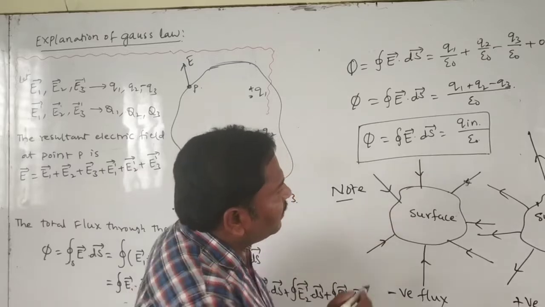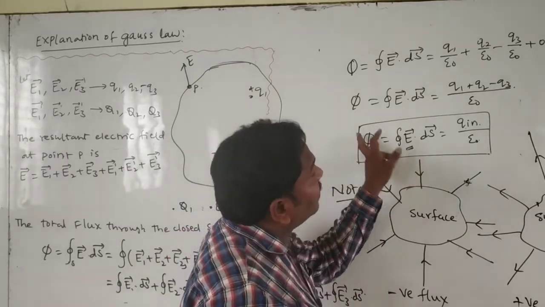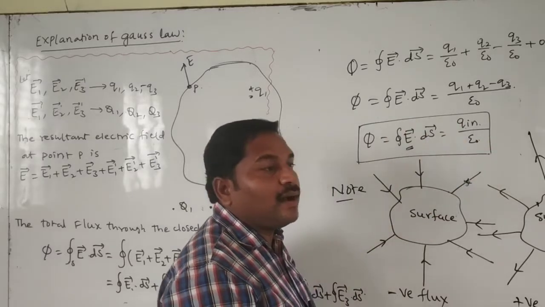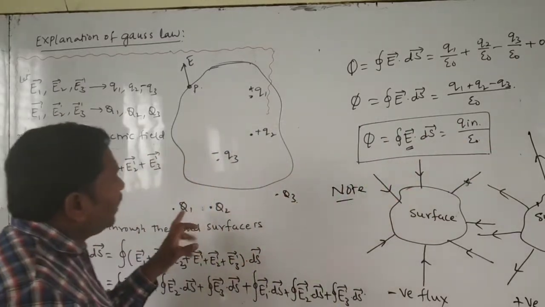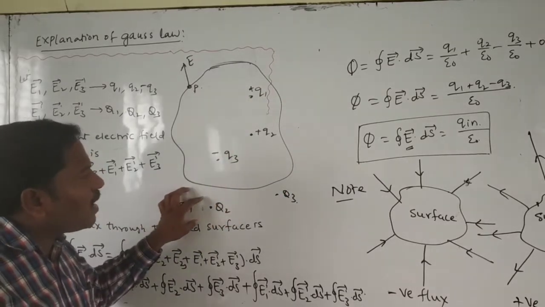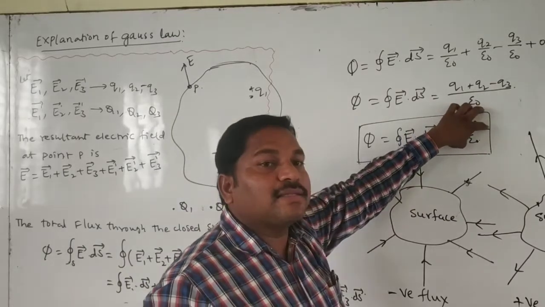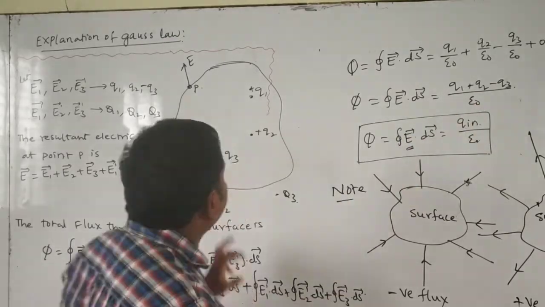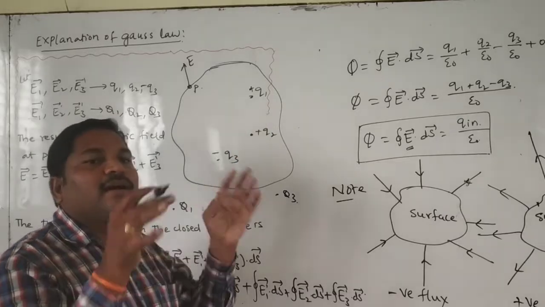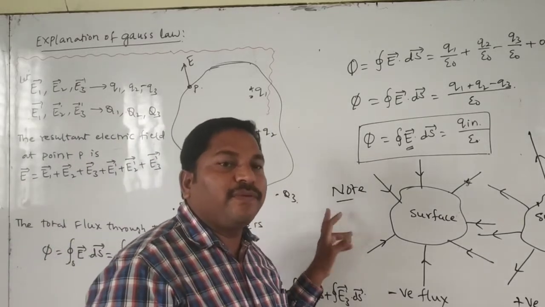So this is the expression. Very important: the electric field in Gauss law is the electric field due to all charges, inside and outside. But the charge in Gauss law is only the charge inside the Gaussian surface.